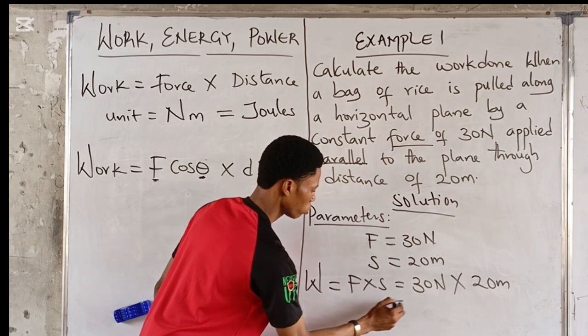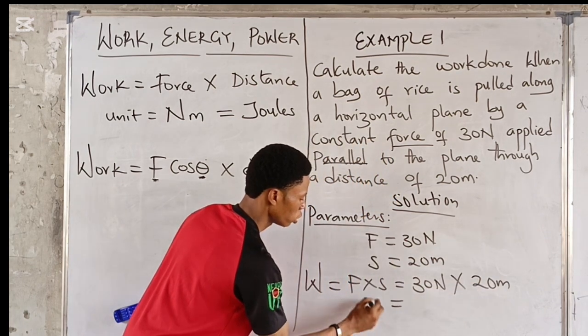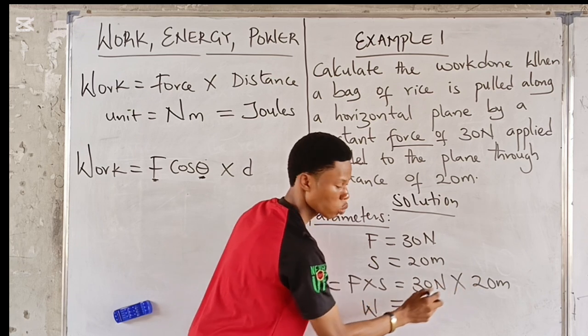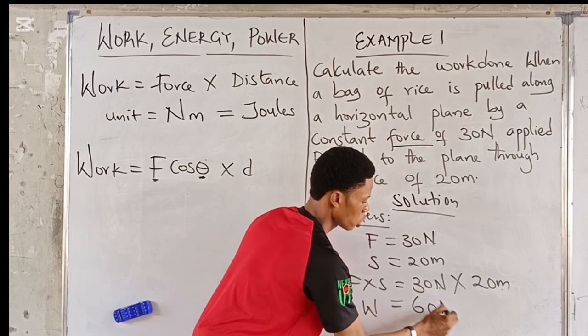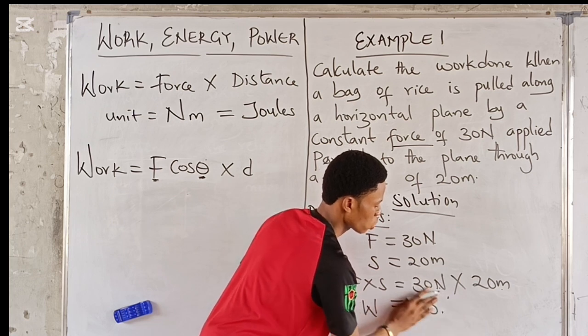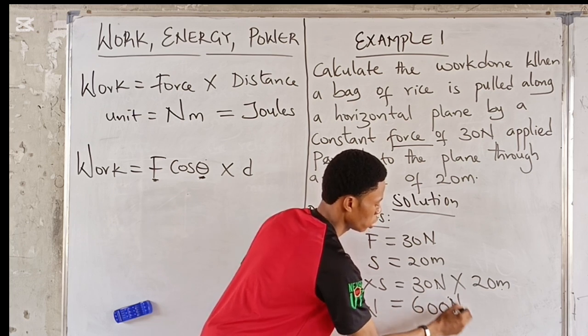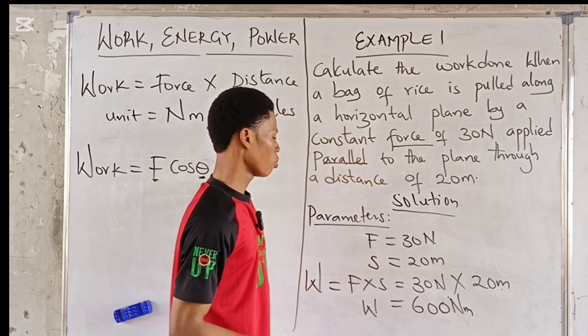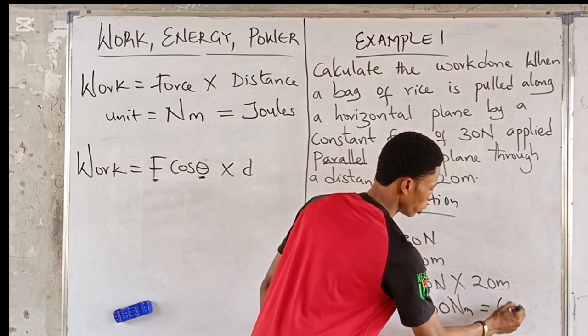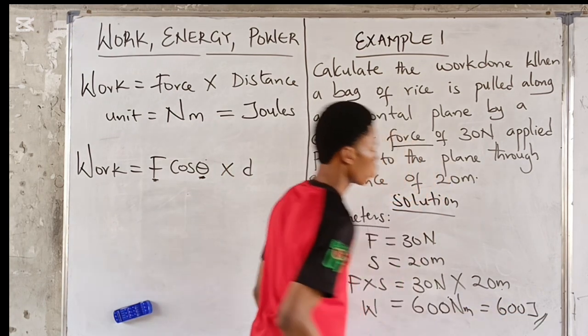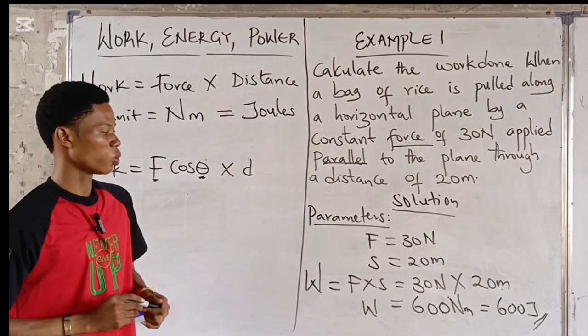Therefore, the work done is 30 times 20, which gives us 600 Newton meters. And just like I said before, Newton meter is the same thing as joules. So you can also say this is 600 joules. This is the answer to this question.